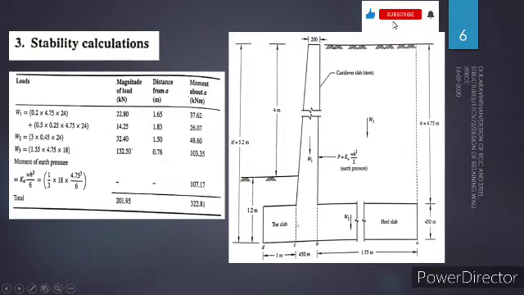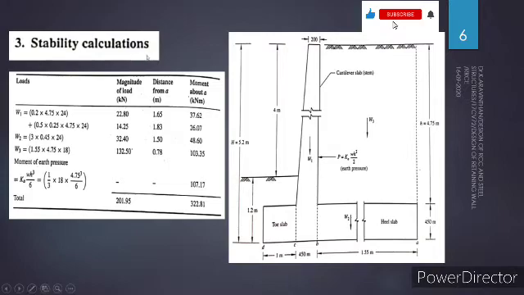So the force which is acting and transferring from the stem to the base should be distributed under equilibrium condition. Hence, in order to find the equilibrium, you should check for stability calculation. So let us check that the force which is coming down, resisted by the soil, should be in equilibrium in this footing in order to have a stable retaining wall design.